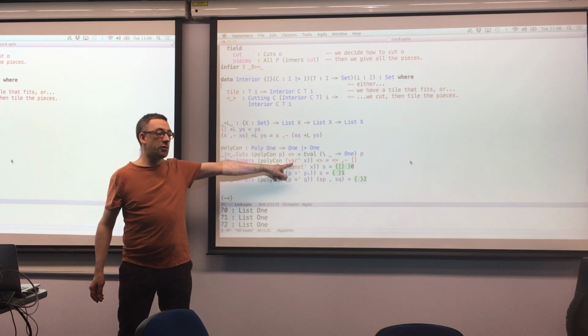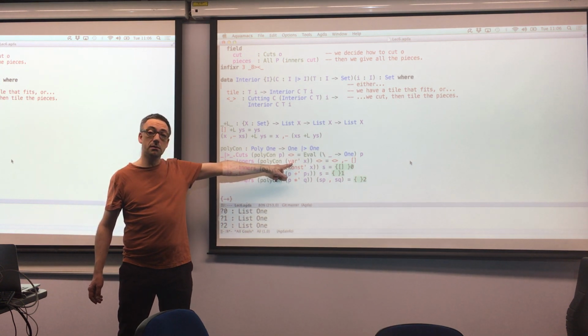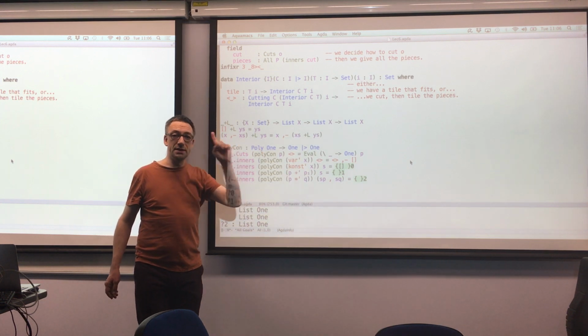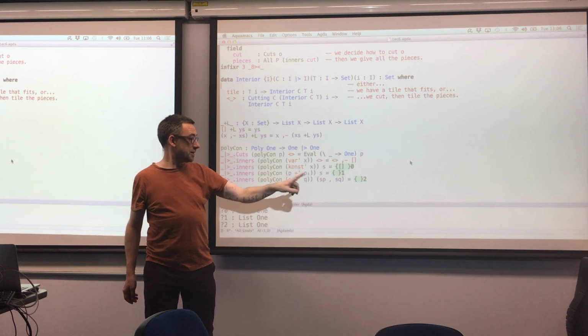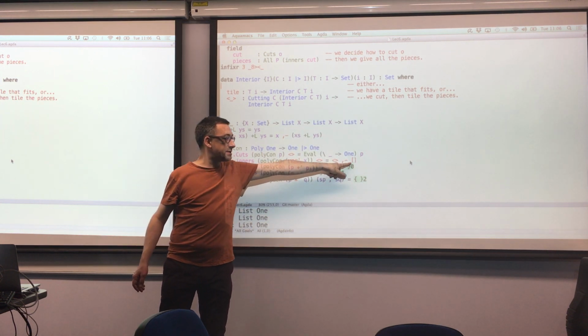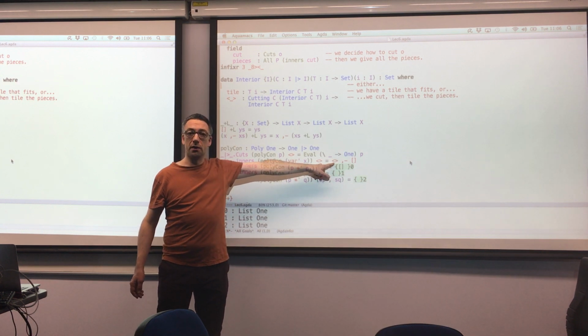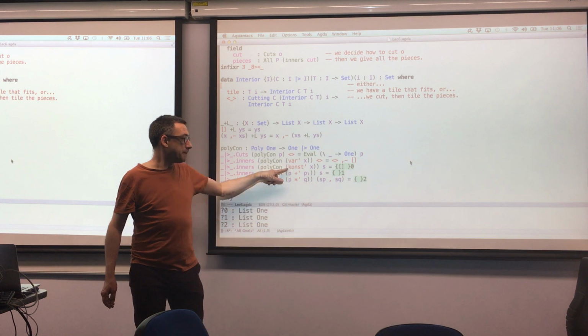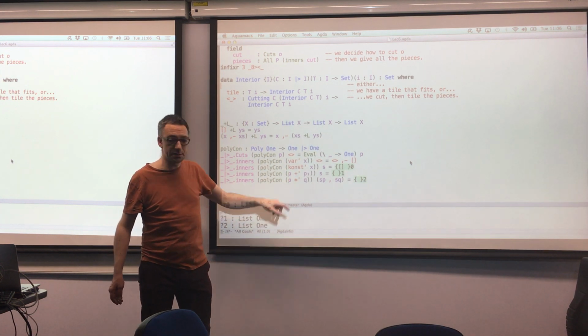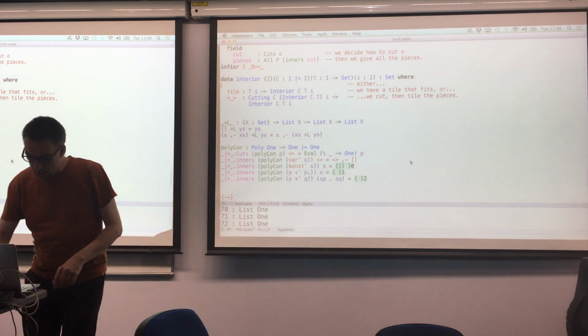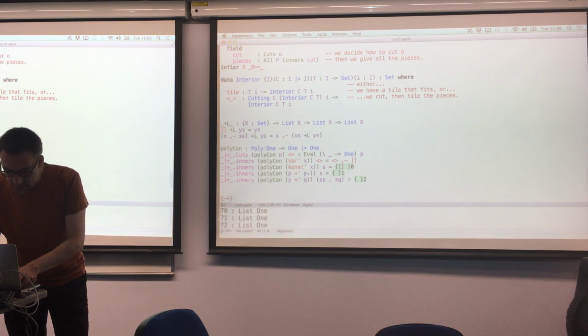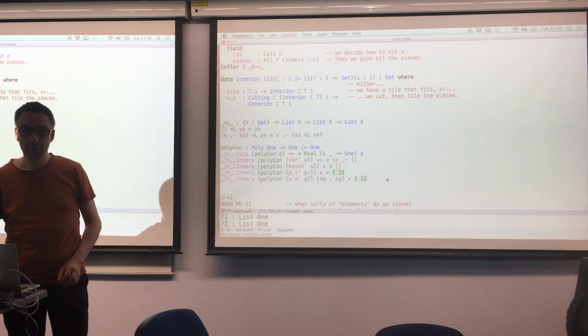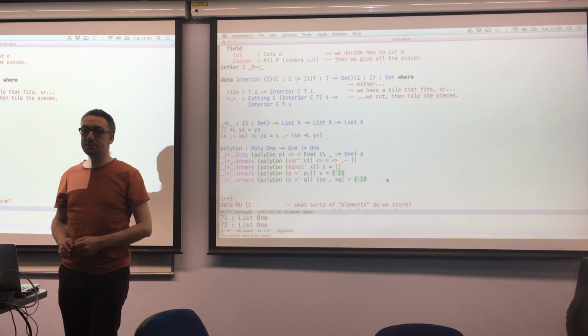So what happened, in the case where the polynomial is a variable, that means there's a position. So we give the singleton list with one, saying there's one position here. If the polynomial is a constant, that means there's no position, so we give the empty list.